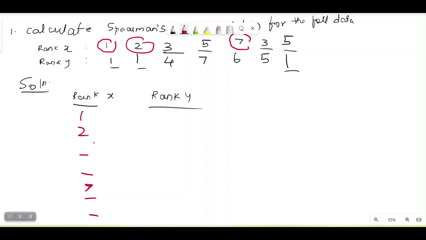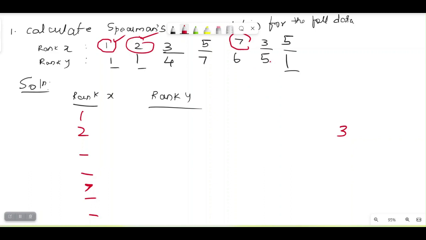Now we'll have to fill all these gaps. Here originally there was rank 3, so this had to be occupied by rank 3. But you observe that 3 is getting repeated. So in your series X, rank 1 is there, rank 2 is there, 3 is there, but there is no 4.